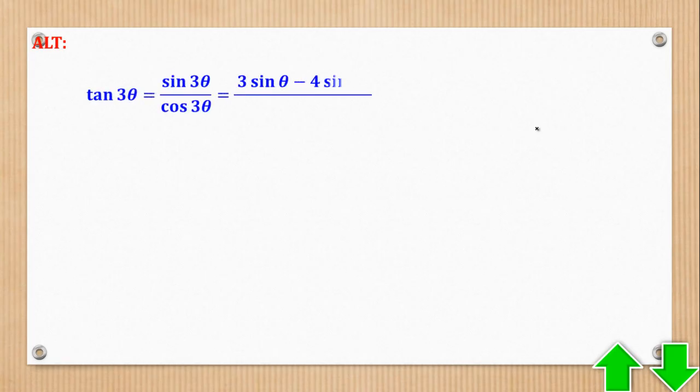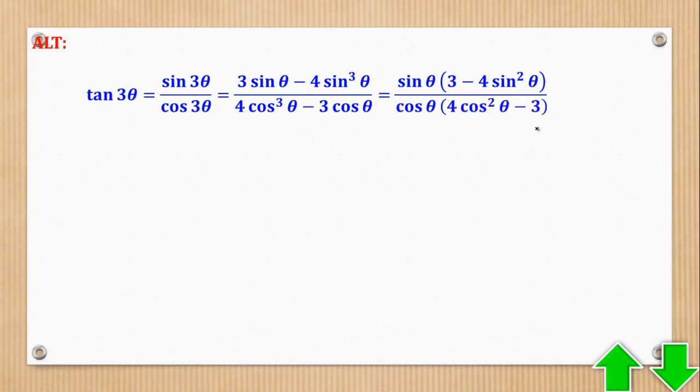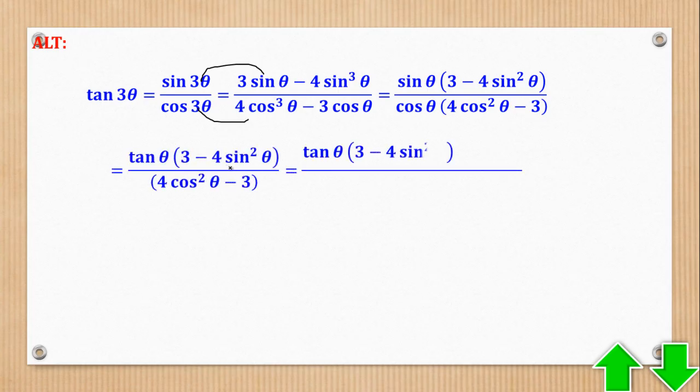So alternatively, this is just an alternative. You can still first say tan is equal to sine over cos. It also works. Then you expand sine. This identity is there in the logbook. Factorize out sine and cos to come up with tan with this. So it's just an alternative.